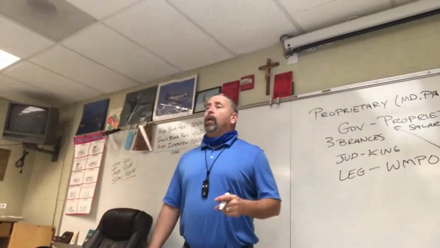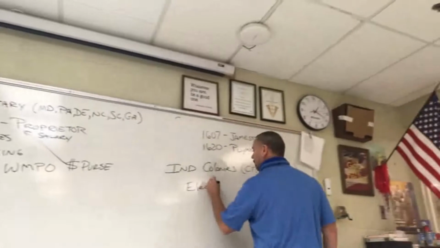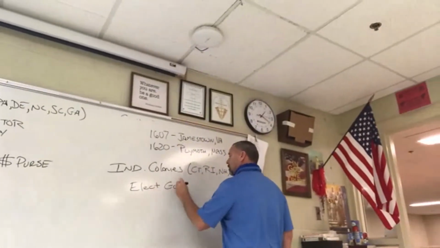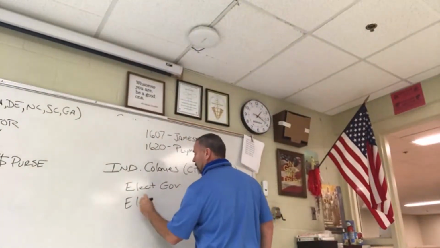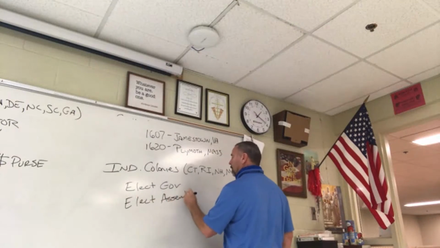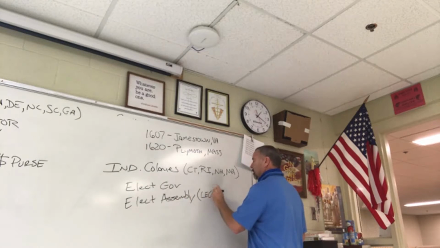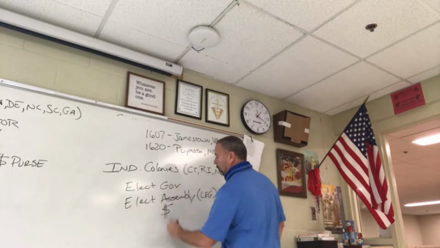They would elect their own governor. And they would elect their own legislatures, oftentimes referred to as an assembly. Which means they control the money.